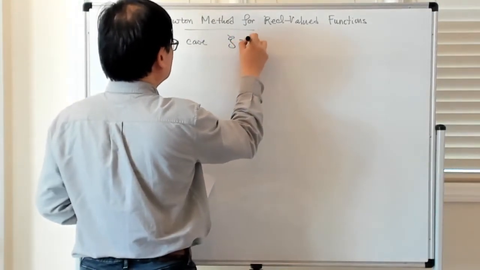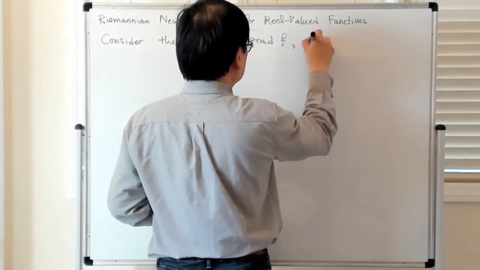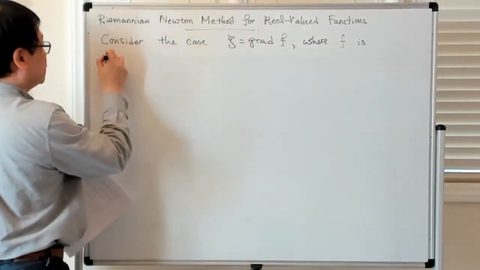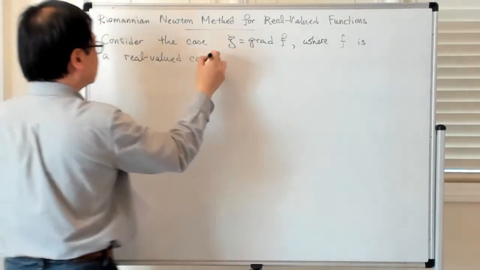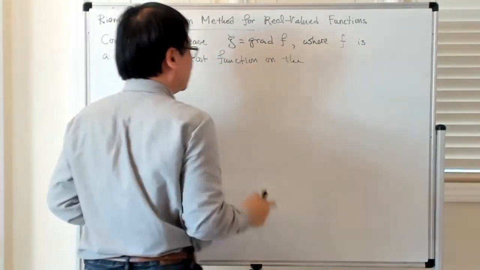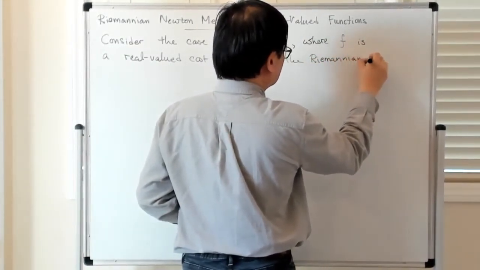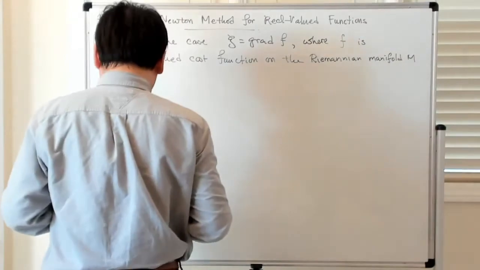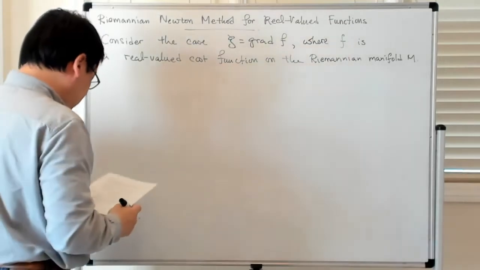So C is equal to grad f, okay, where f is a real-valued cost function on the Riemannian manifold M. Then when that happens, the Newton equation, which defines the Newton search direction, has the form.